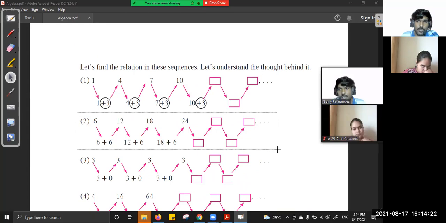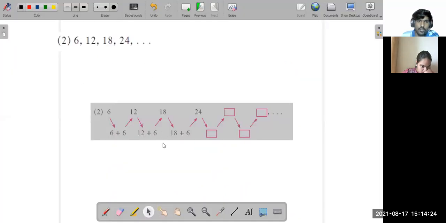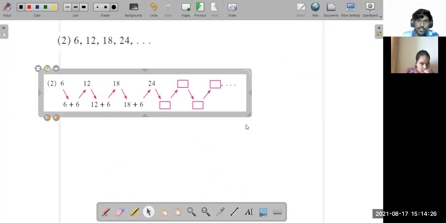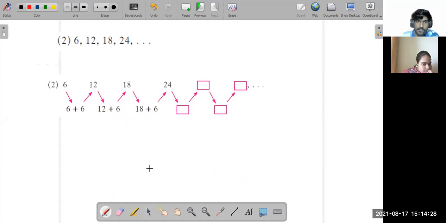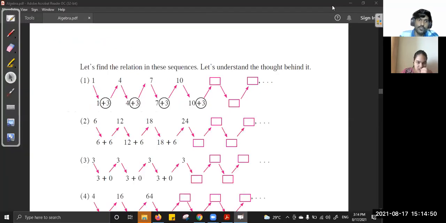So here we have just increased by 6. 24 plus 6 is not 32, it is 30. Sorry, 30. And then 30 plus 6 is 36. So this is the rule here, increasing by 6.